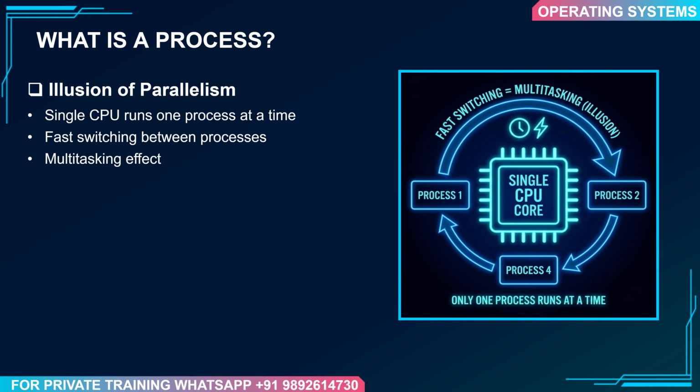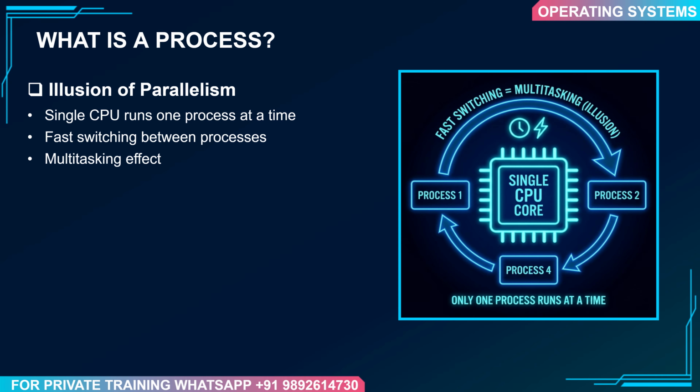One very interesting thing about processes is that they give the illusion of parallel execution. In a system with a single CPU core, only one process can actually run at a time. But the operating system switches between processes very quickly. This is called multitasking. Because the switching happens so fast, it feels like multiple processes are running at the same time.